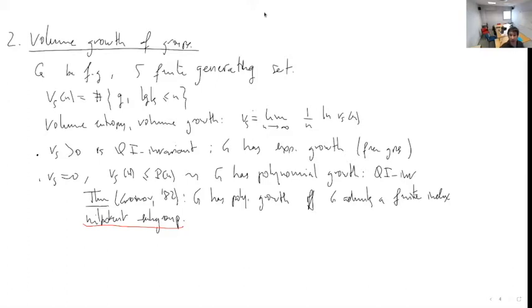And the last thing I would like to say about that is that we also have examples, of course, Z^k, for instance, and any nilpotent group by definition. I don't want to define this because in any case, you'll have a course on that in the second week by Tessera. And then we have groups of intermediate growth.